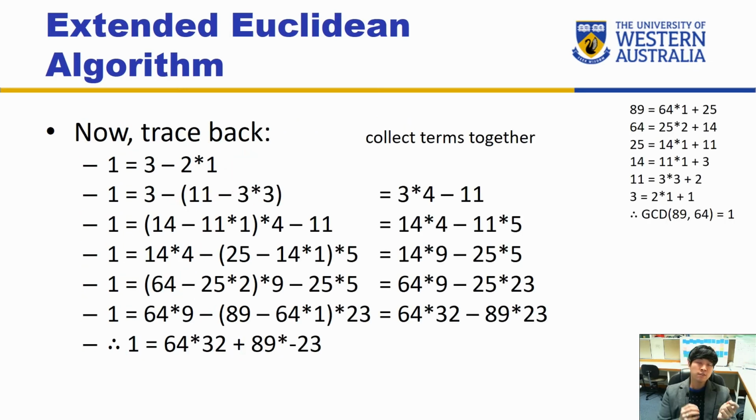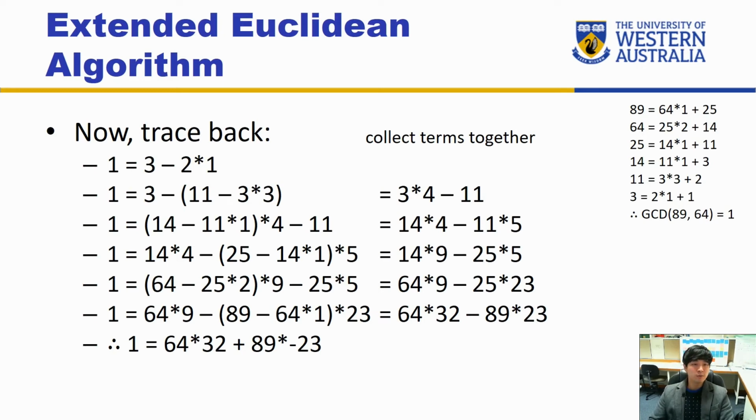Once you have done that, you plug it back into the equation from above. So here we had 1 equals 3 minus 2 times 1, and 2 equals 11 minus 3 times 3. You expand this and collect the terms together, so this becomes 3 times 4 minus 11. So there are three 3's here, and one 3 here, and minus becomes plus.